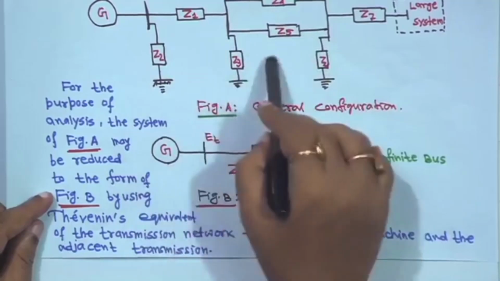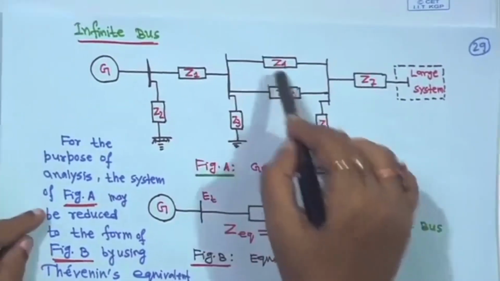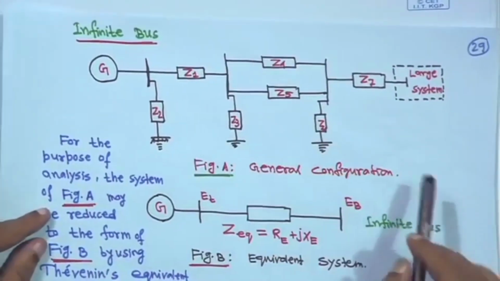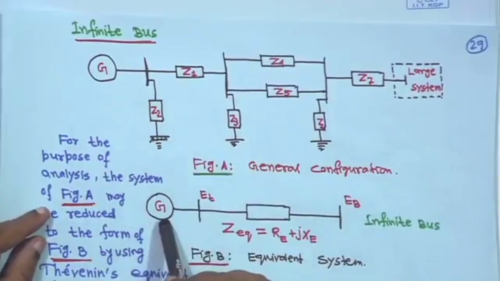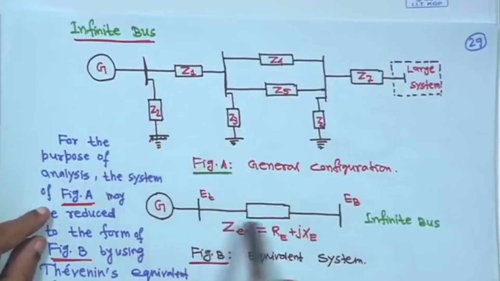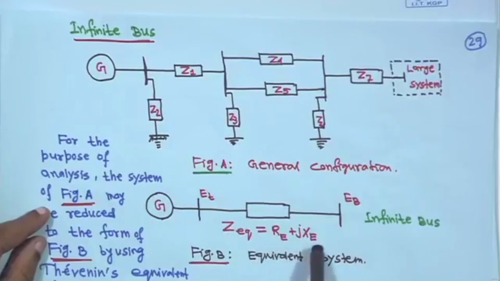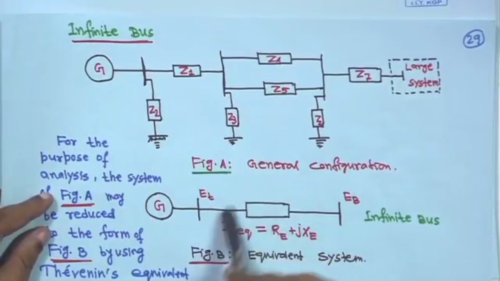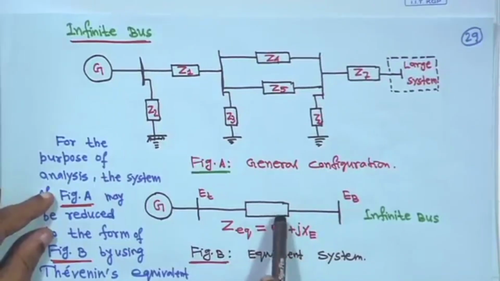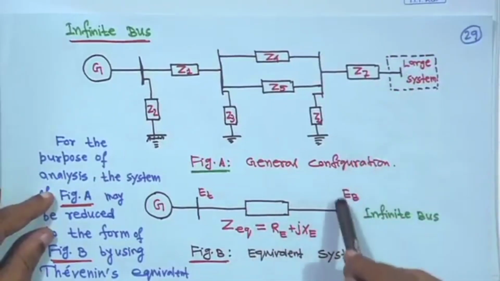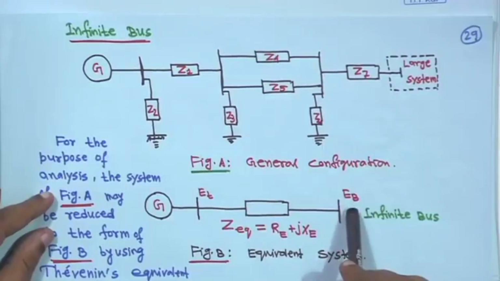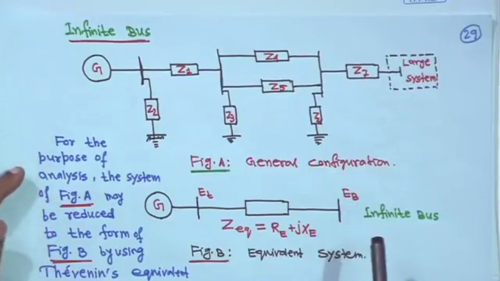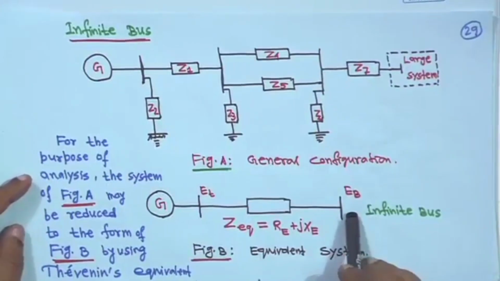So, this is the generator, this is the terminal voltage Et, and this is Zeq equal to Re plus jXe. This is the Thevenin equivalent, and this large system has been represented by a bus Eb, that is capital E suffix b, and we call this the infinite bus.